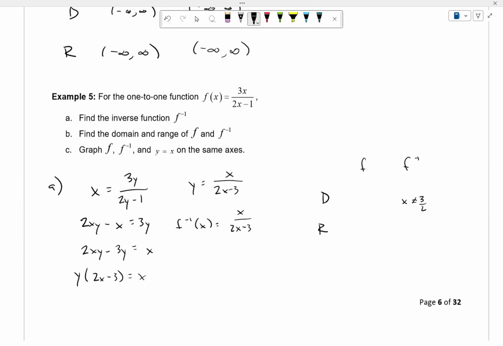And then I found the domain of the other function, which was 1/2, because that's the same thing. And when you say 1/2, x can't equal 1/2. And then I said that the range for the inverse is the same as the domain for the first and vice versa.